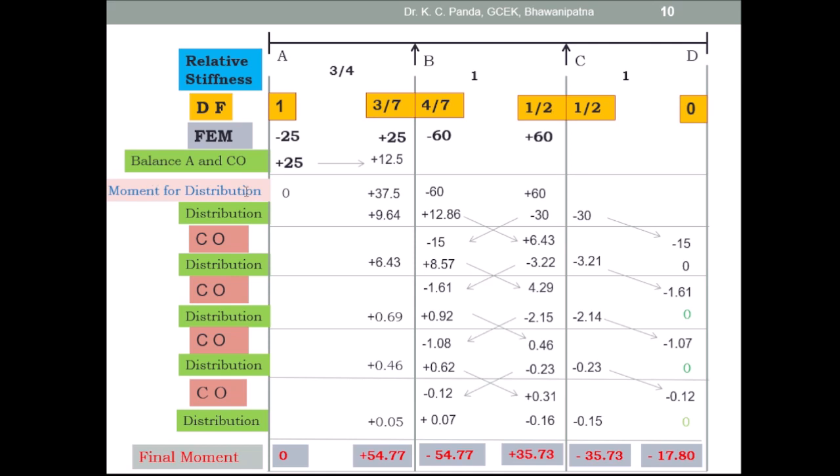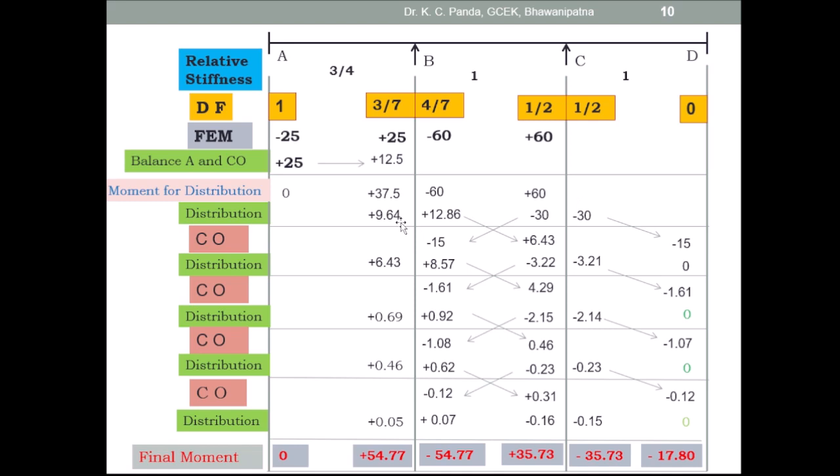Write here the moment for distribution: here minus 25 plus 25, this is 0, and here plus 25 plus 12.5, so this is 37.5, and this is minus 60, here you write minus 60, this is plus 60, and here there is no moment, so here the moment is 0. So this is the moment for distribution.